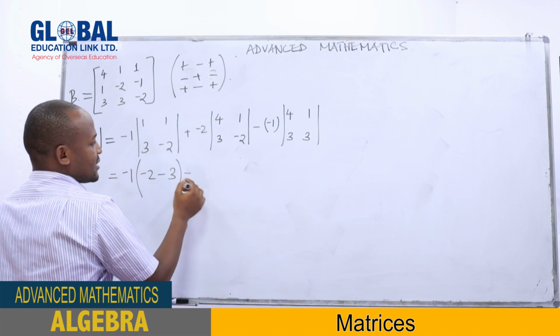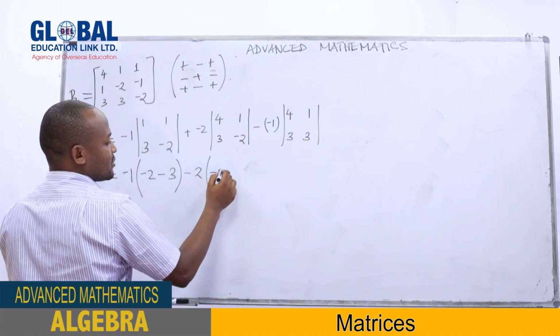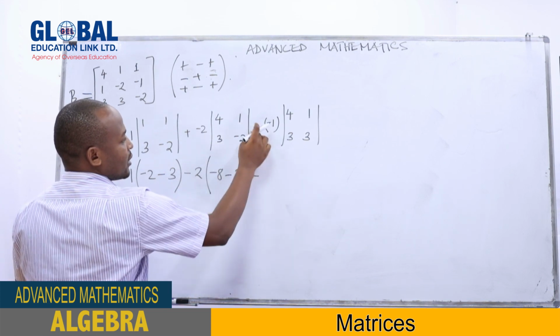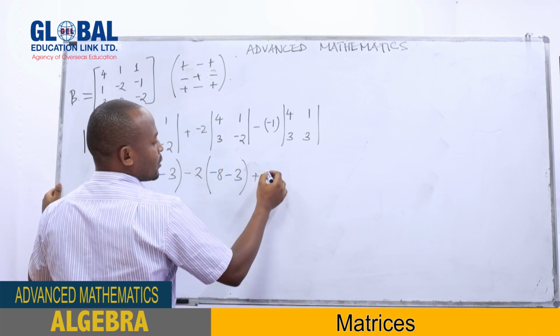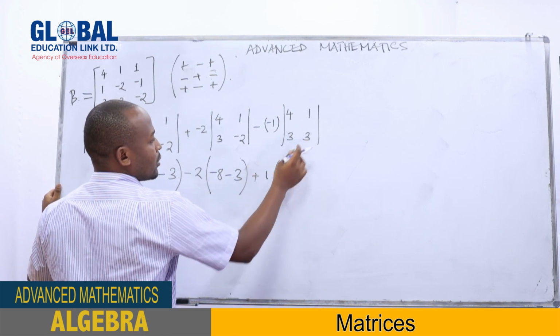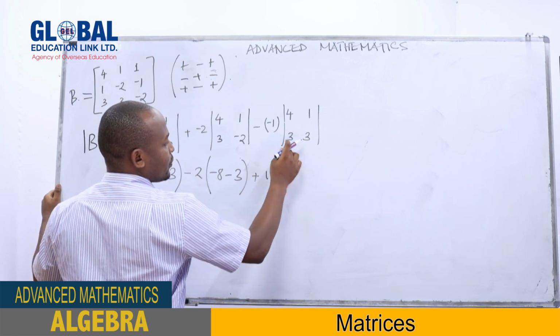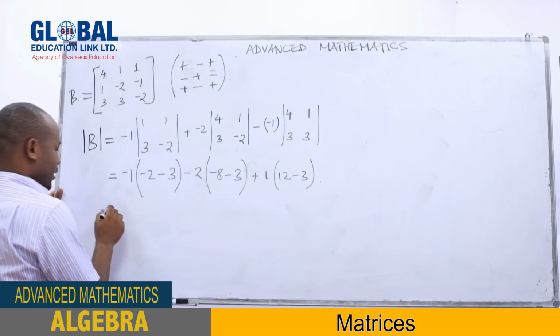Positive times negative is negative. There we have negative 8 minus 3. A negative and a negative is positive. 3 times 4 is 12, and 3 times 1 is 3.